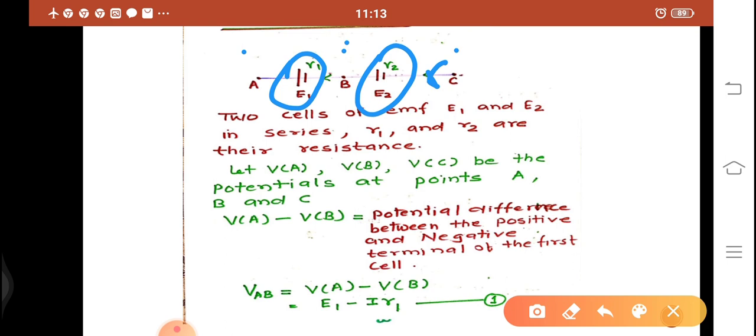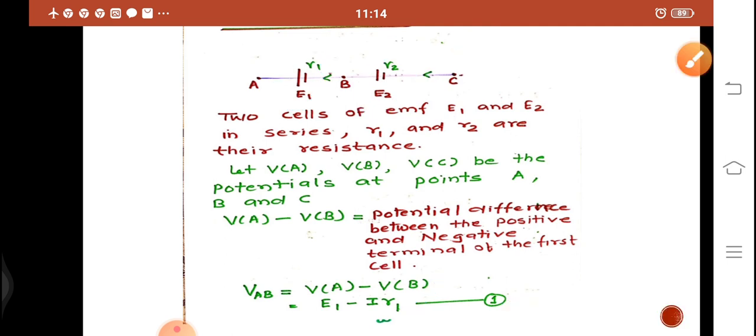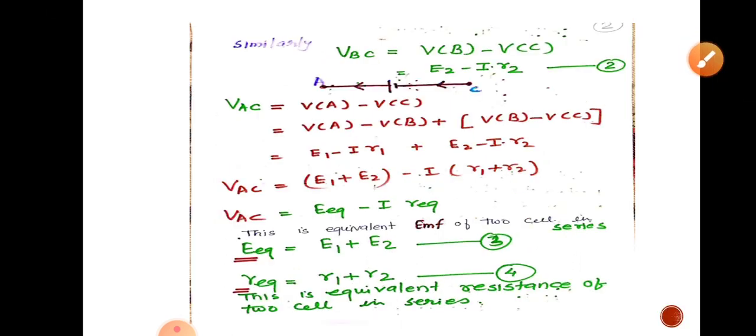So VA minus VB is the potential difference between A and B. It is E1 minus IR1, the terminal potential. Then the potential difference between VB and VC is E2 minus IR2.